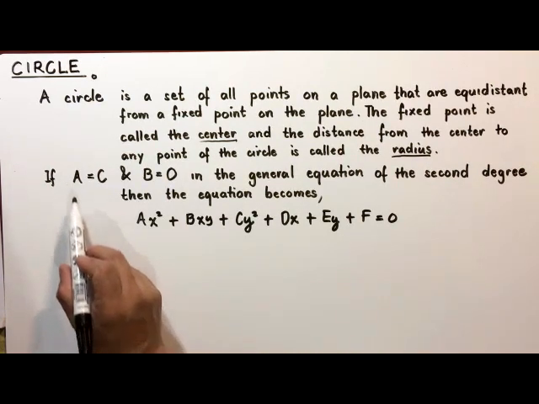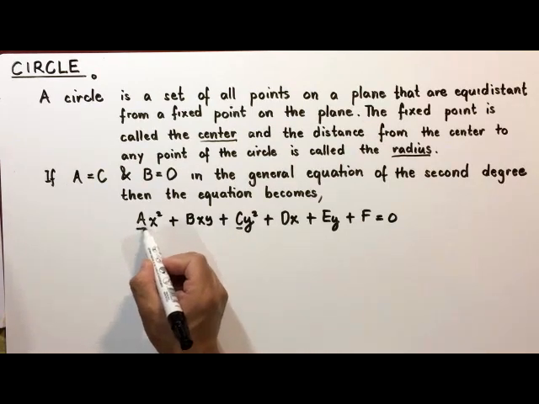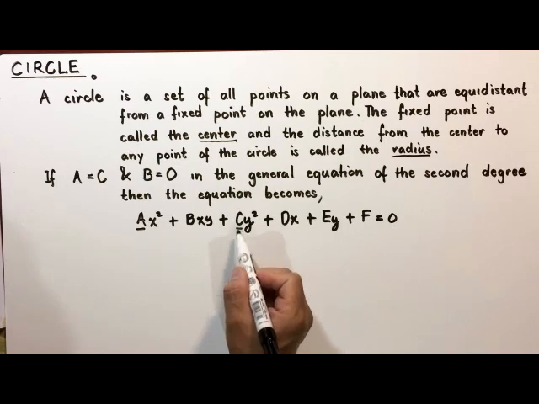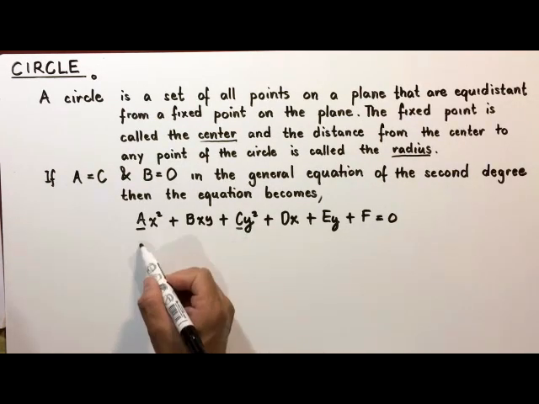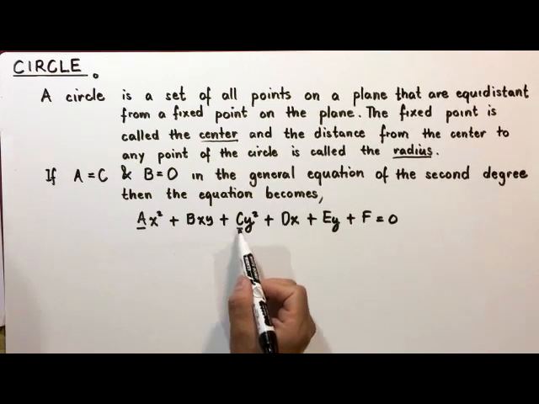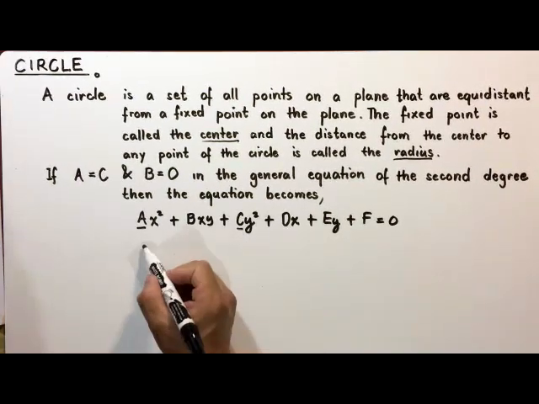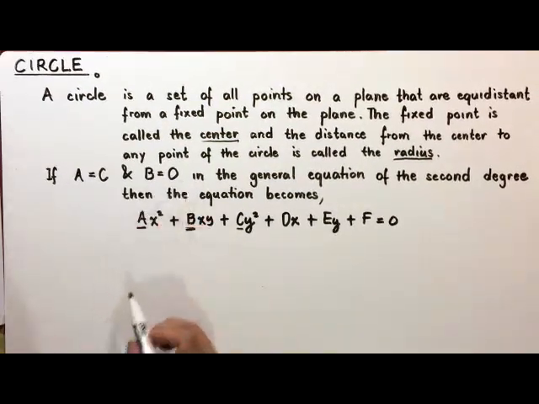Now, here if A is equal to C, so when they are equal, I can substitute A here. Instead of writing C, I will write A, because they are just equal. And remember, B is 0 also.